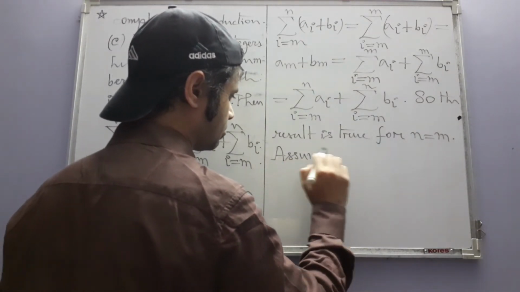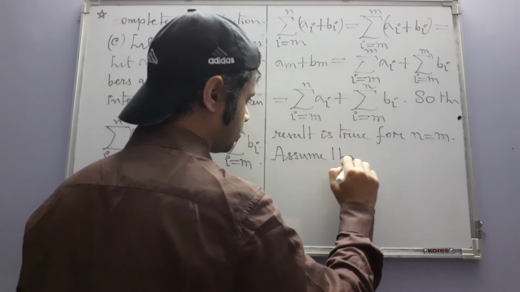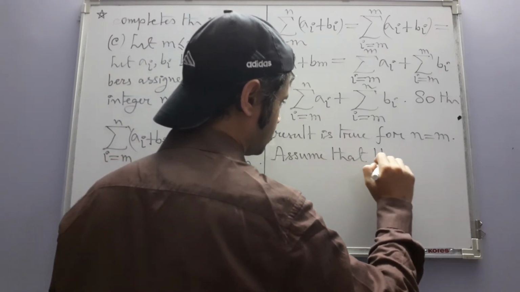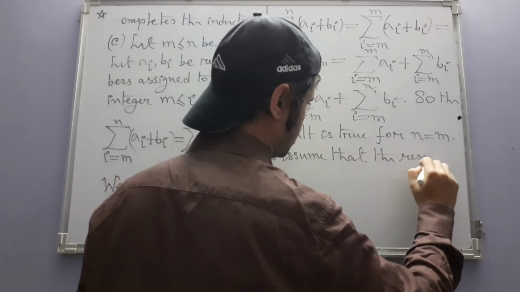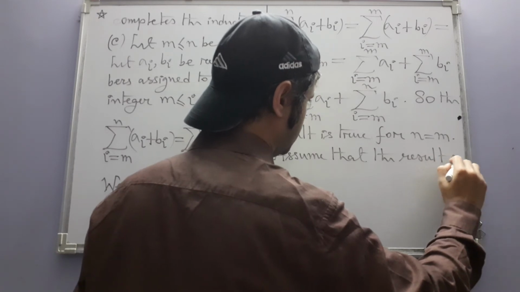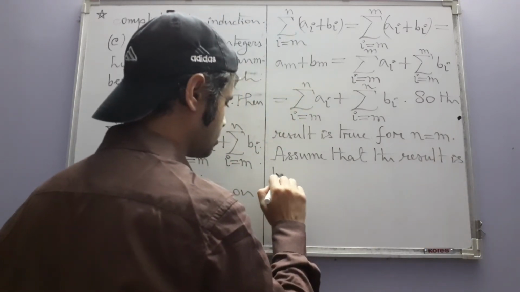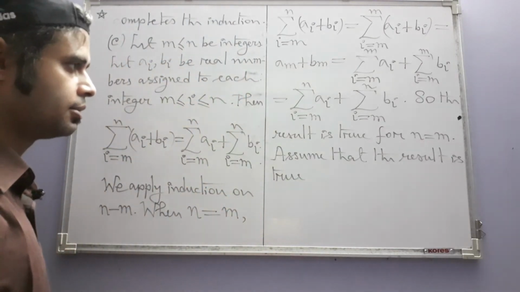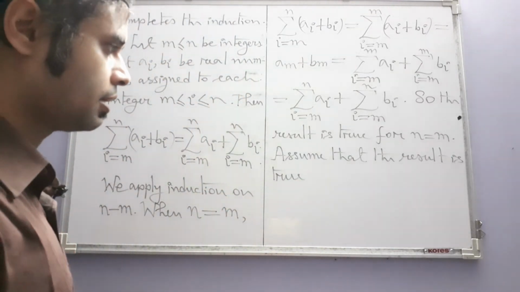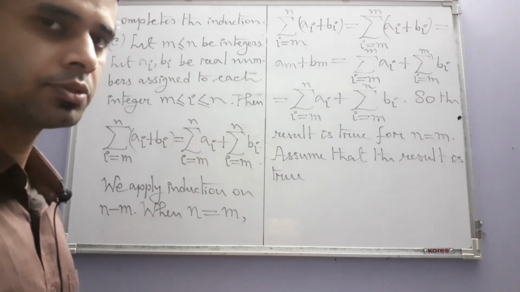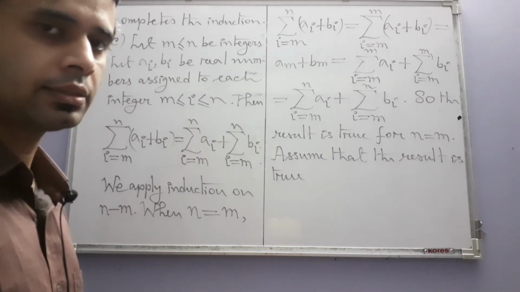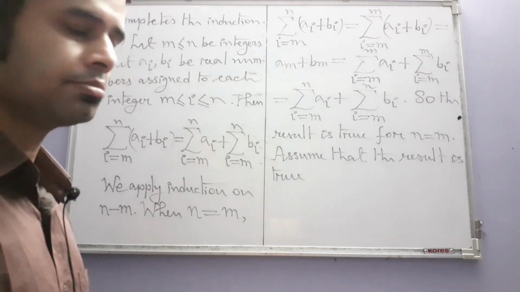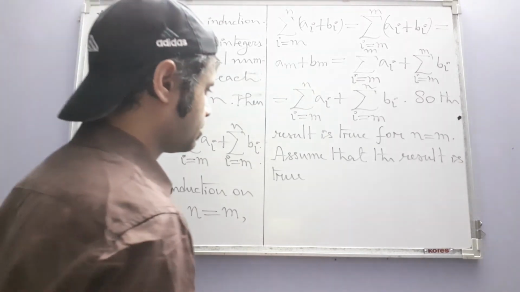Assume that the result is true. Some people will find it a little uncomfortable to write result because something does not become a result unless you prove it. So if you feel like that, you can write claim in place of result.